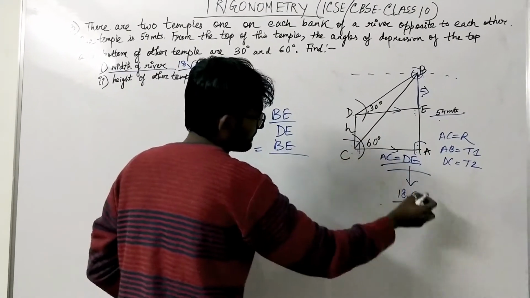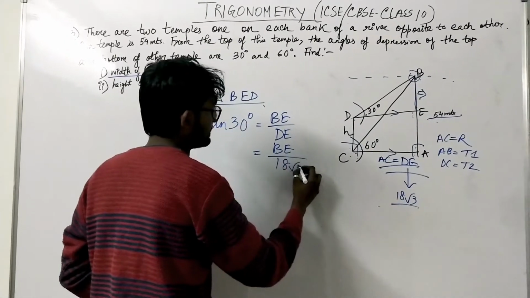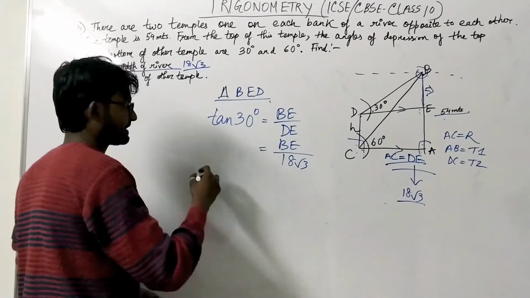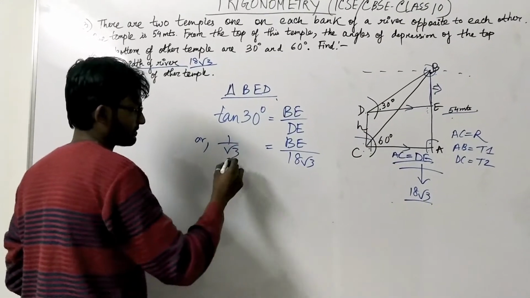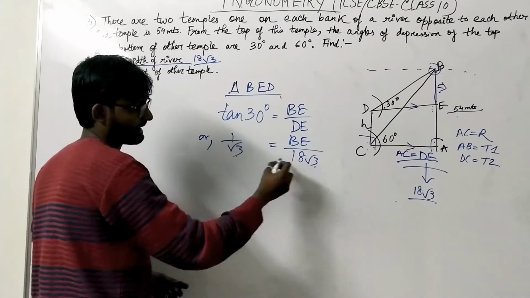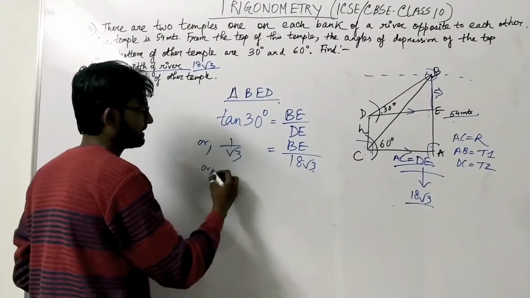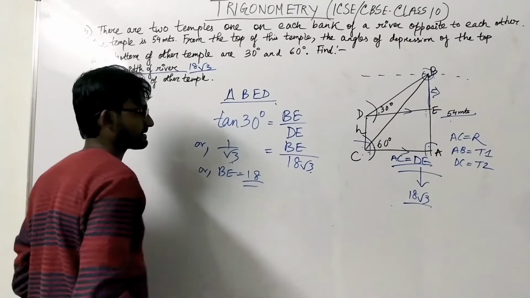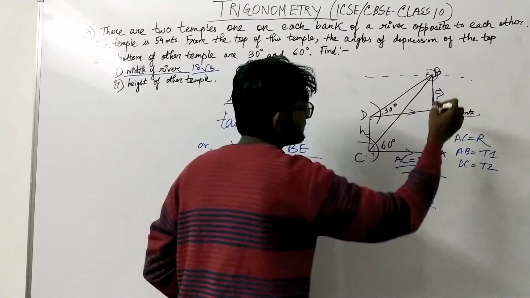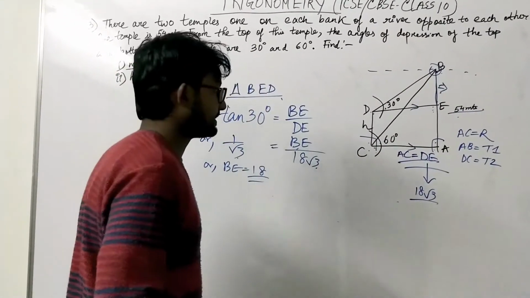DE we know is 18√3, we know that from the previous equation. And the tan 30 value you know is 1 by √3. So √3 and √3 get cancelled from the denominator. So BE is basically nothing but 18 meters. So now listen carefully.